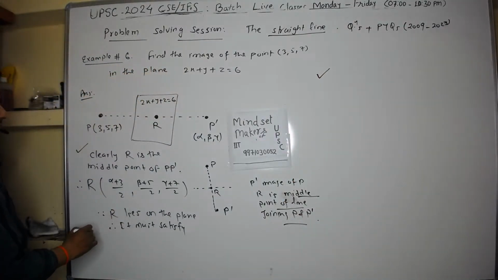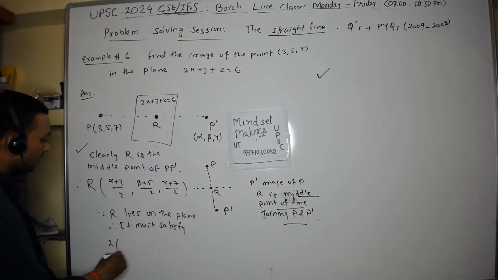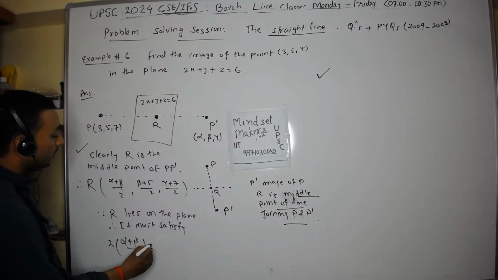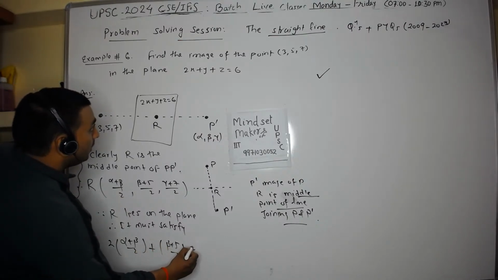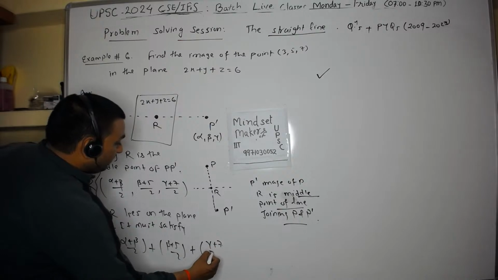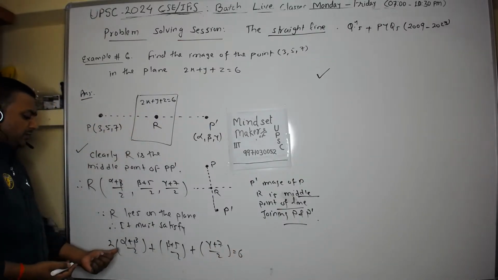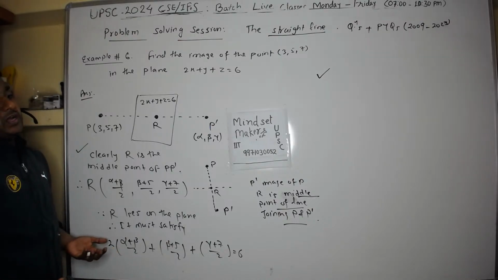So now what will we get? 2 into alpha plus 3 by 2, plus beta plus 5 by 2, plus gamma plus 7 by 2 equals 6. But we have three unknowns, alpha, beta, gamma, and only equation 1. So how will we find alpha, beta, gamma?